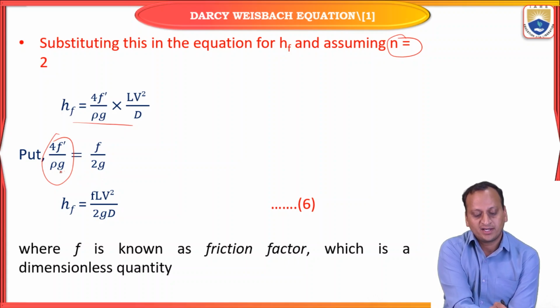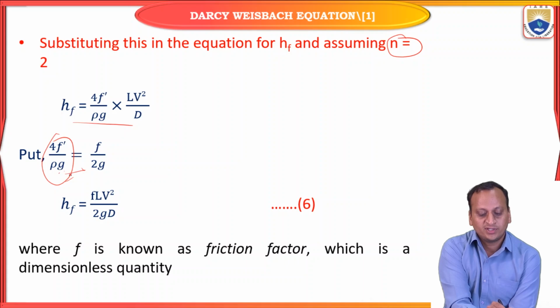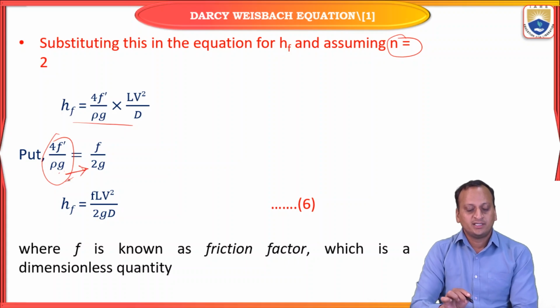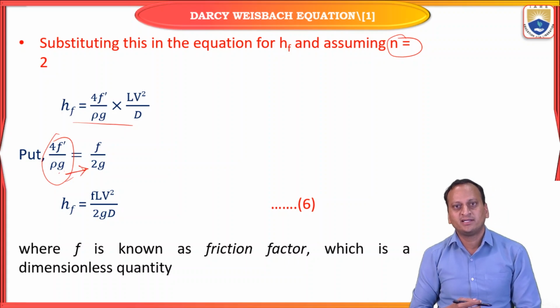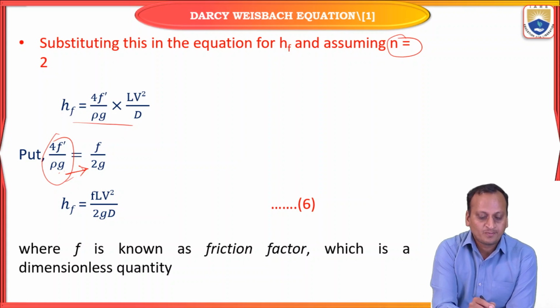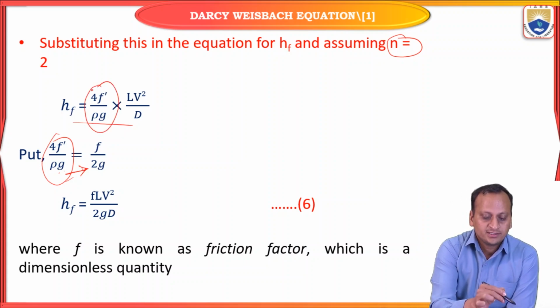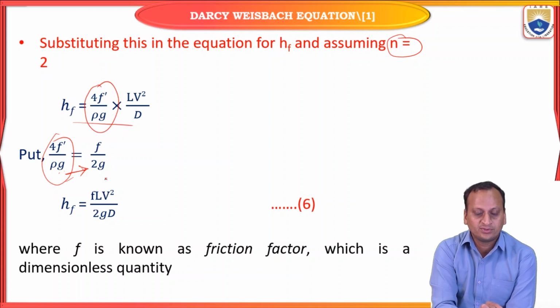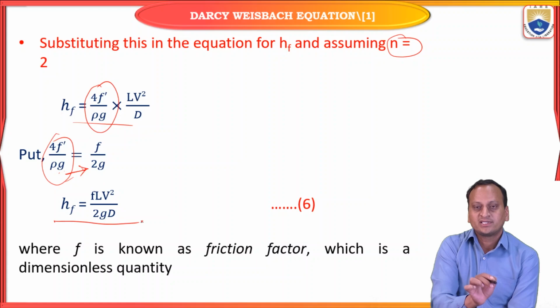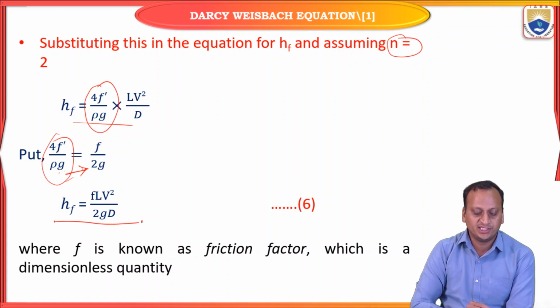It is assumed that 4F dash by rho G is taken as F by 2G. Experimentally it is written like this. Therefore the entire equation can be substituted: 4F dash by rho G is substituted with F by 2G. Therefore the equation becomes HF equals to FLV square by 2GD.